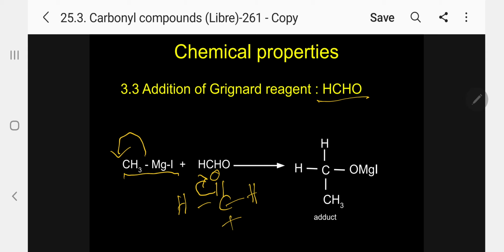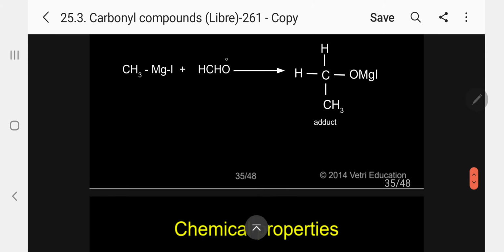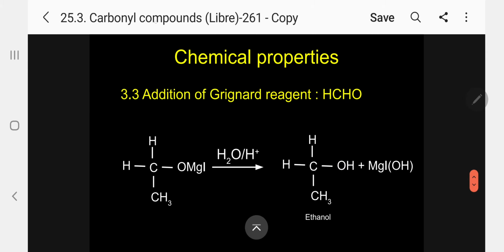Just add now, and automatically OMgI is added, and correspondingly CH3 is added to the carbon atom. This is the corresponding adduct, which we call the intermediate. On hydrolysis, kindly follow, we get the corresponding alcohol, ethanol and Mg(OH)I. So formaldehyde gives primary alcohol.